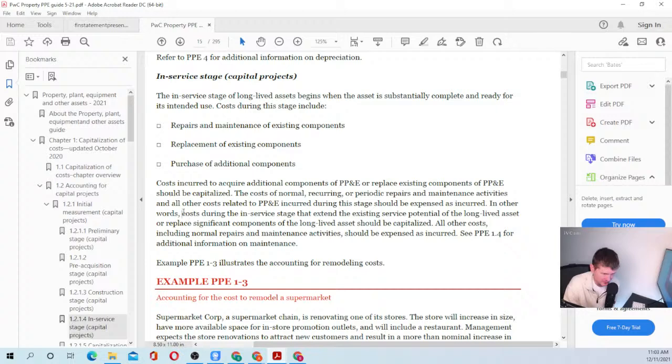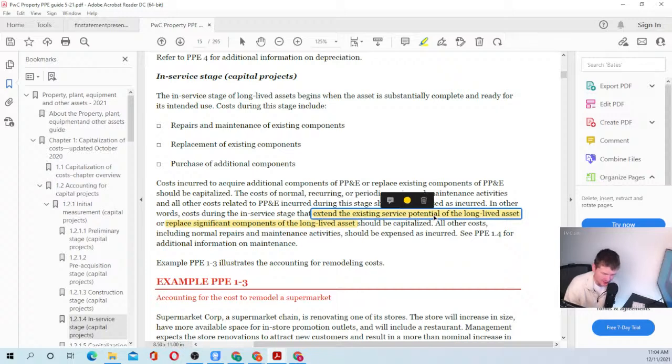In other words, costs incurred during the in-service stage that extend the existing service potential of the long-lived assets or replace significant components of the long-lived assets should be capitalized. Let me highlight this. Extend the existing service potential of the long-lived asset. Replace significant components of the long-lived assets. And the third, or it's probably included in that part.